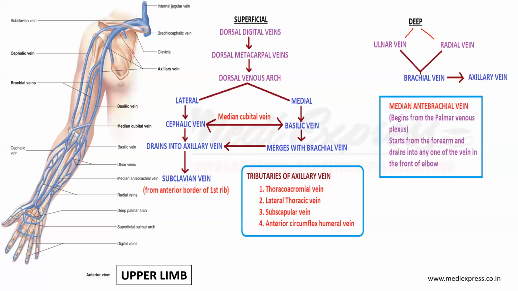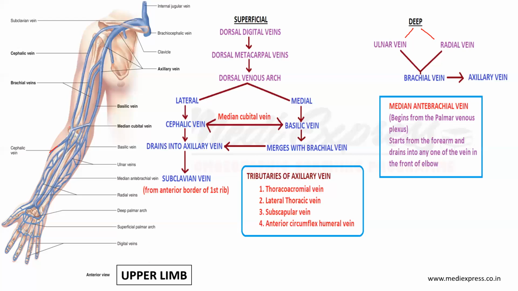Next, we have a lateral and a medial part. Talking about the lateral part, you can see the arch over here. Laterally, it goes behind, and then it runs as the cephalic vein.